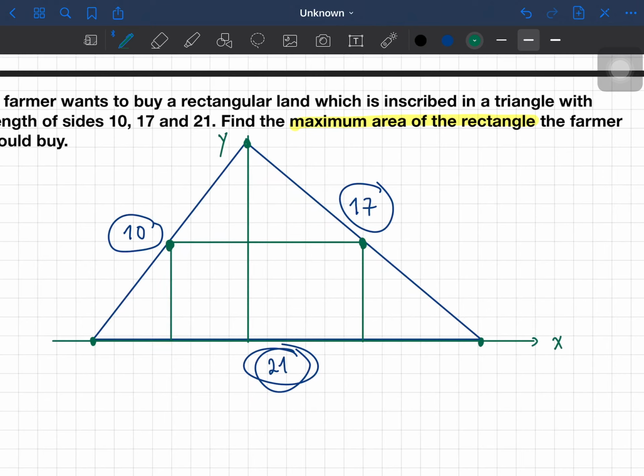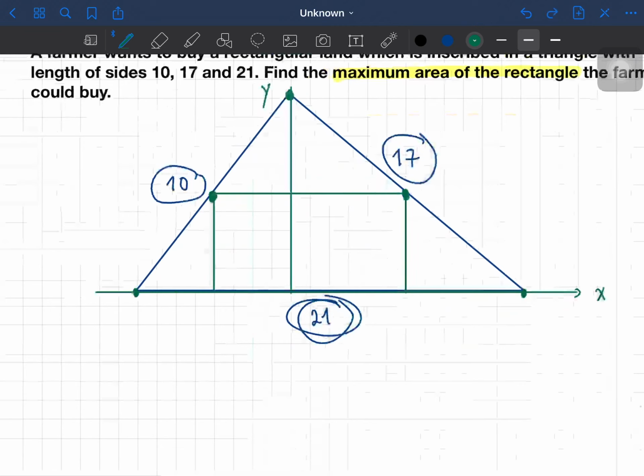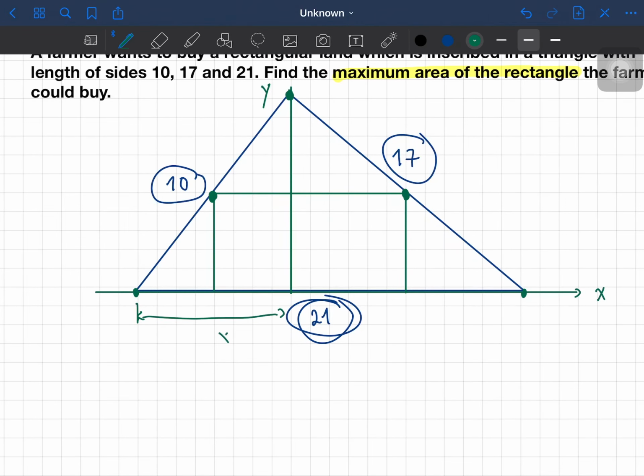So we need to find the very top vertex of the triangle. How can we find it? We can use Pythagoras theorem, considering that the base is split into x and 21 minus x.